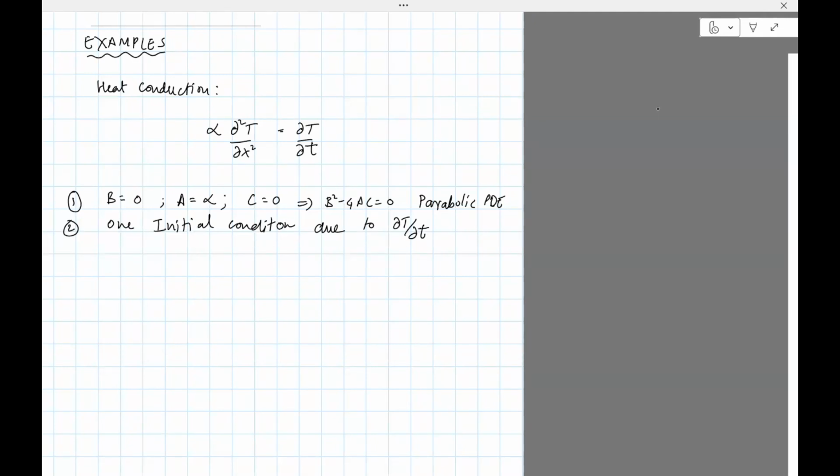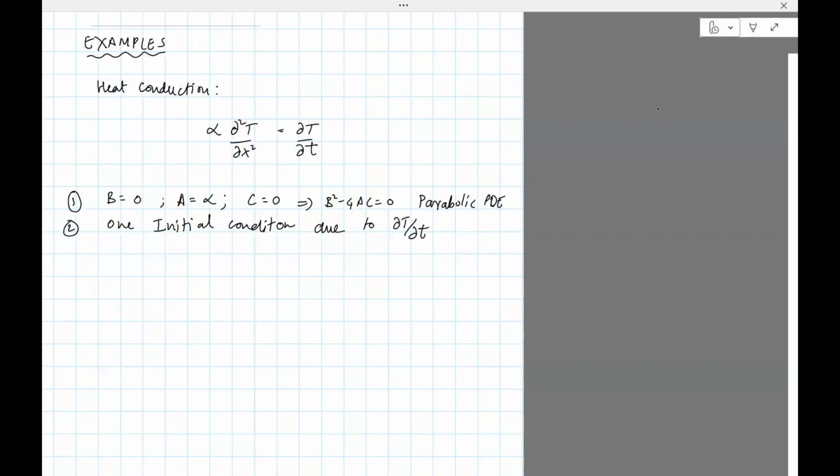Because you have a dy dx sort of term, and since this is a second order term in x, you need at least two boundary conditions, and the boundary conditions are typically only true for spatial, right? X denotes something related to space, t is time.